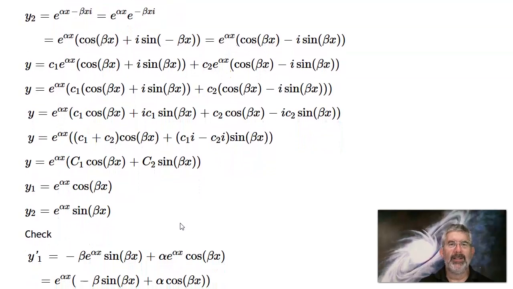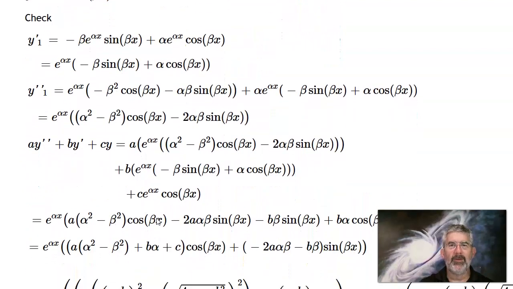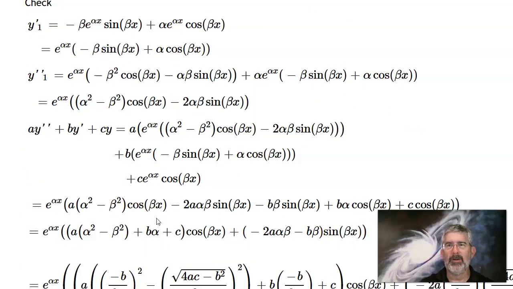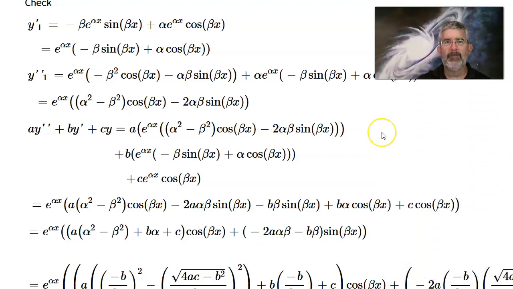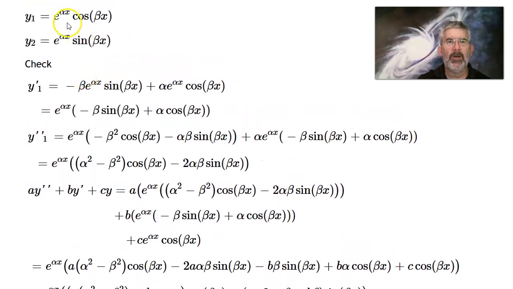So here we go. I need to figure out what y1 prime is and y1 double prime. I'm going to slide this up to the top, and we can see what's going on. Maybe I'll get my face up here out of the way. So y1 prime. So here's y1, and so there's a product rule.